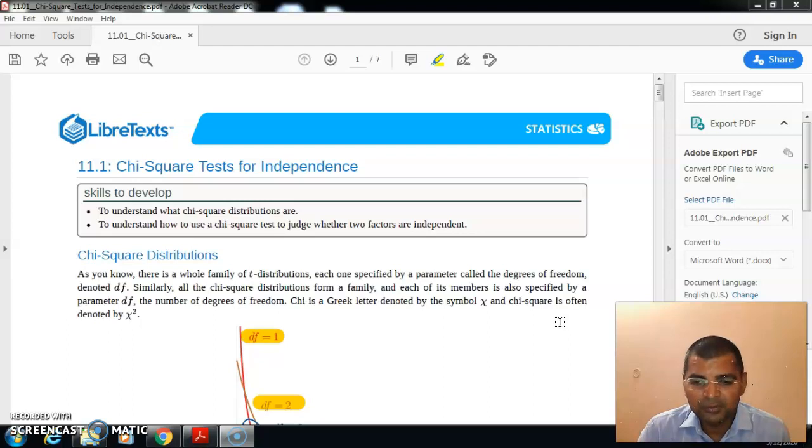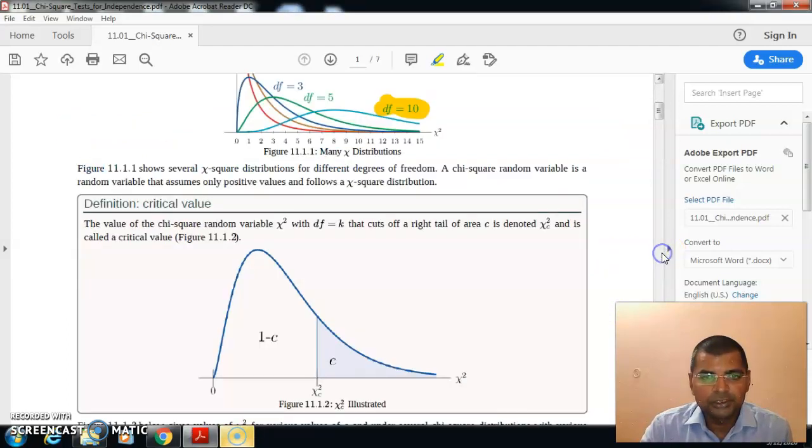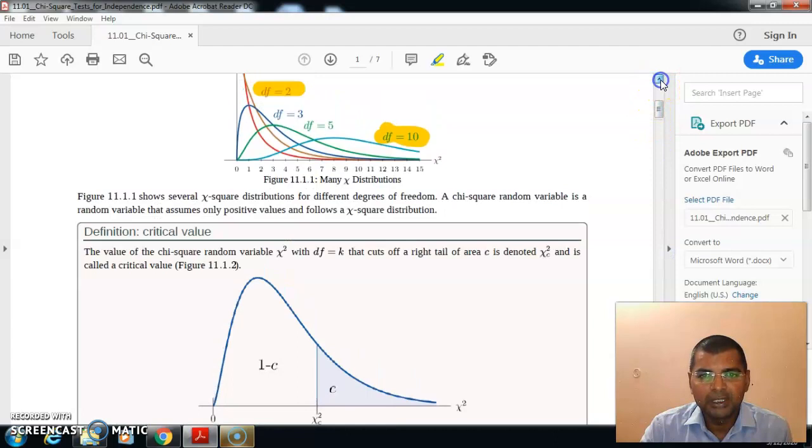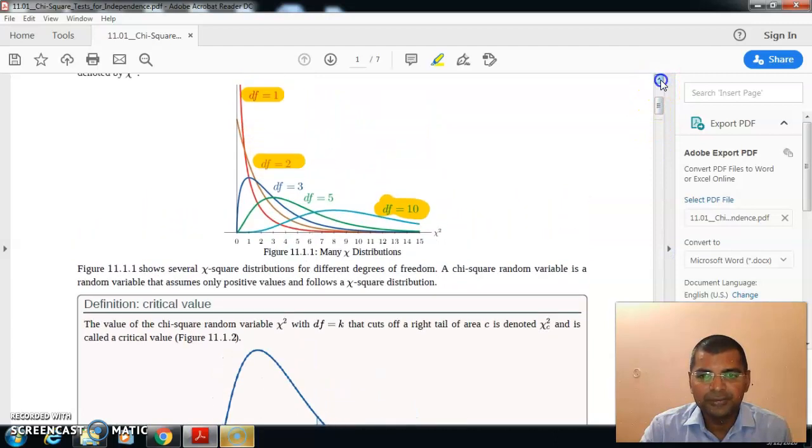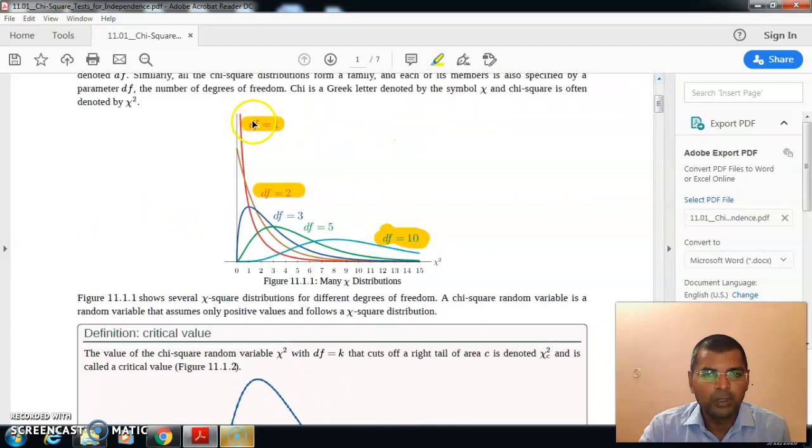Same way chi-square distribution is also depend upon degree of freedom. As you increase the degree of freedom from 1 to 10, you will find that shape of the curve changes as you increase the degree of freedom.